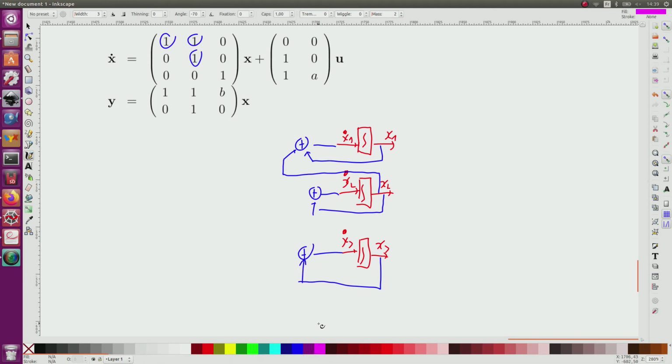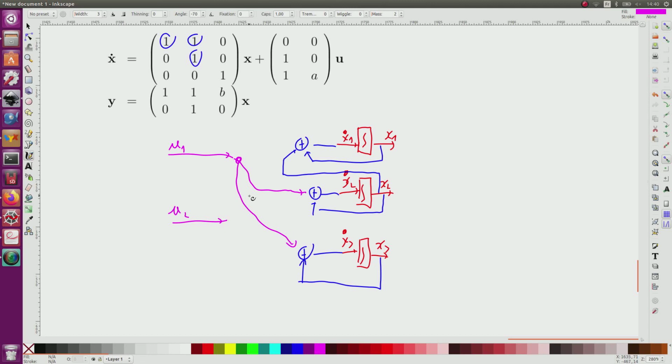Now for u1, u2: u1 is involved in the first column with respect to x2 and x3.